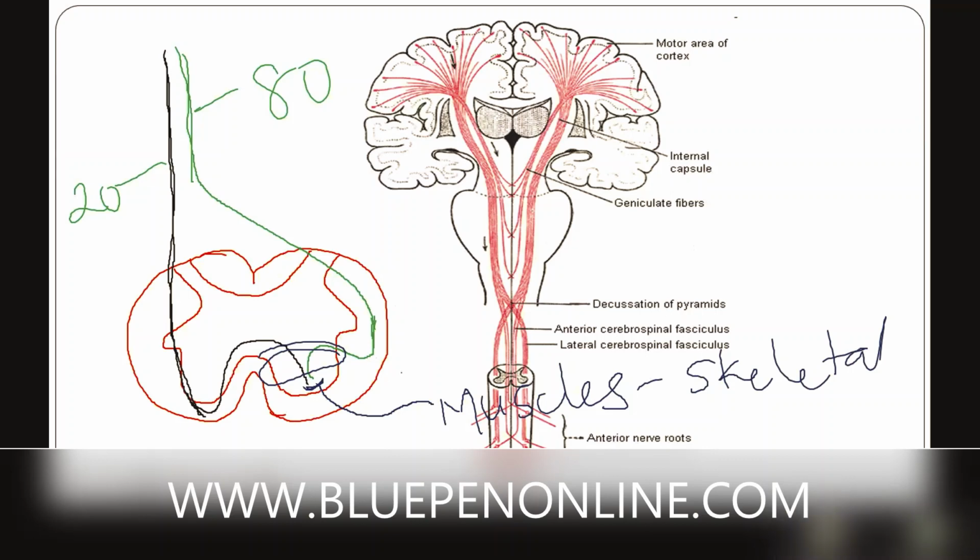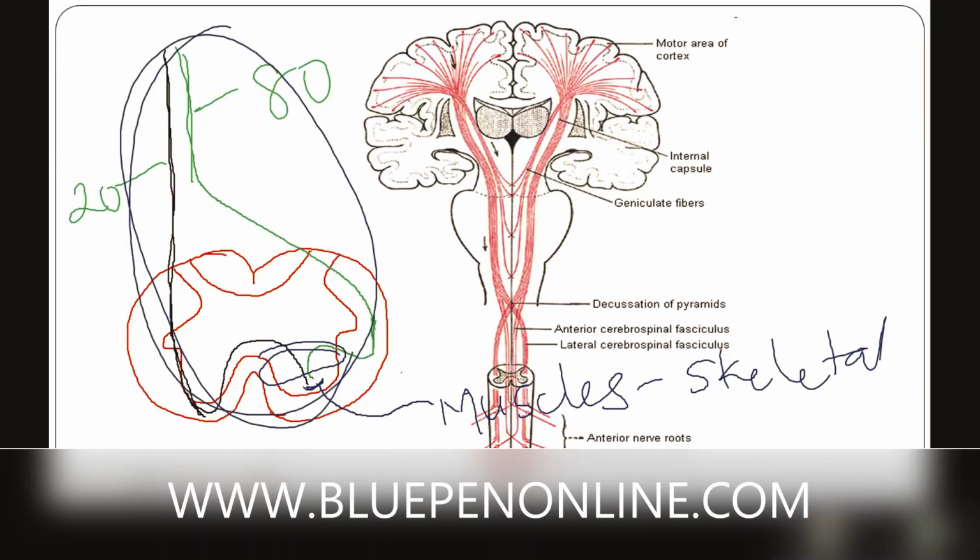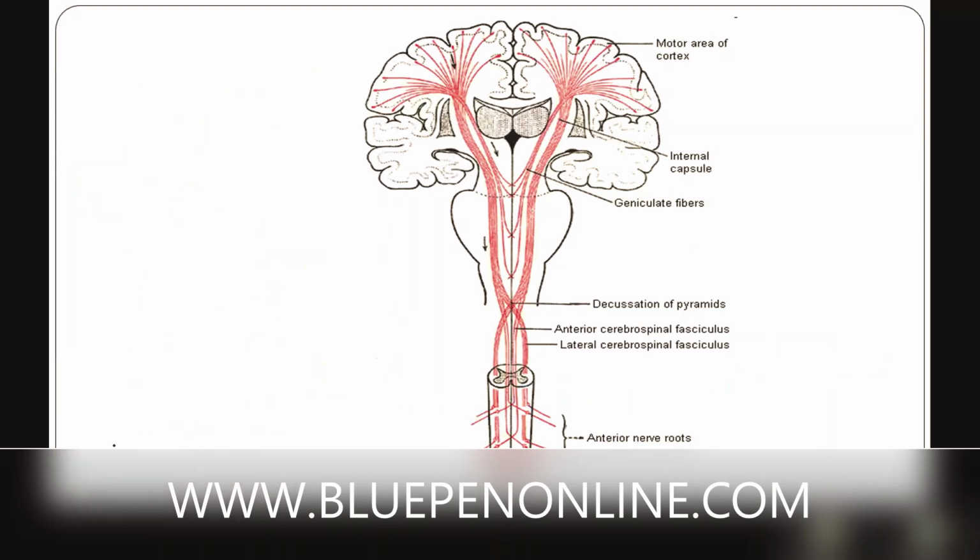Okay. Now, this group of neurons, the neurons that started from the brain and end in the spinal cord, are called upper motor neurons.